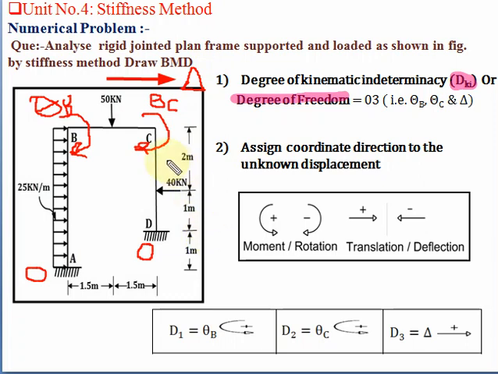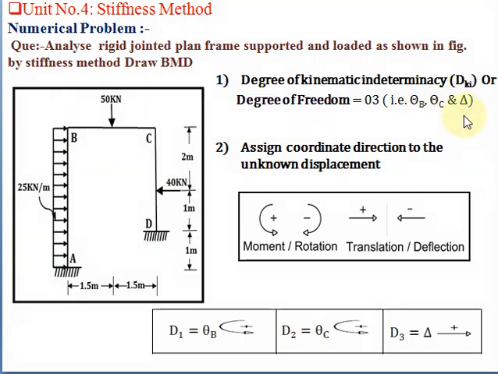So the total degree of freedom for the given frame will be 3: rotation at B, rotation at C, and sway.